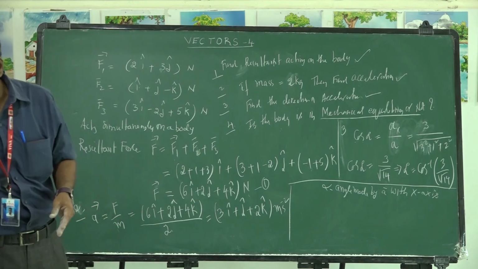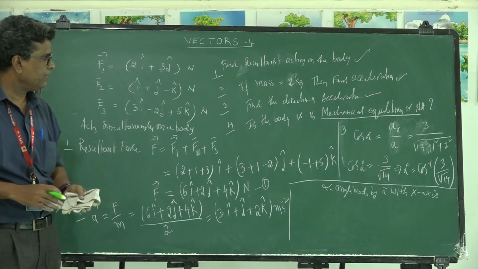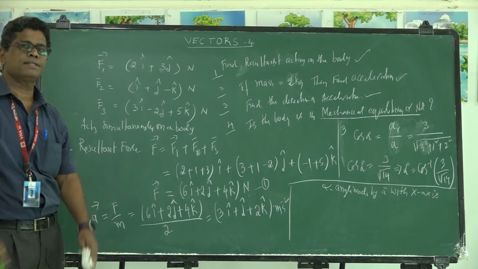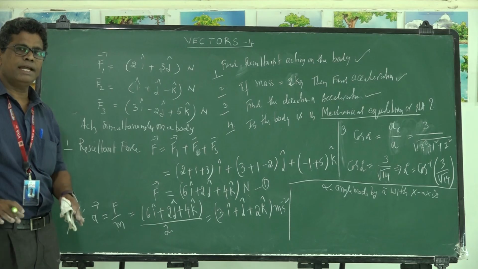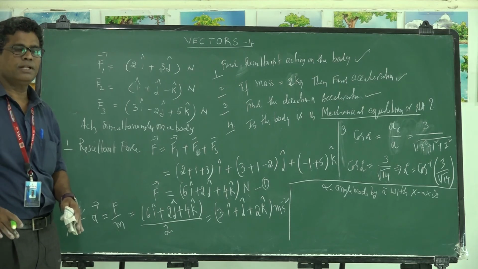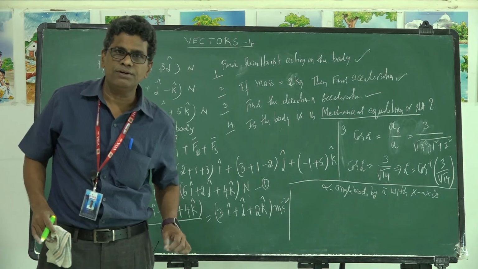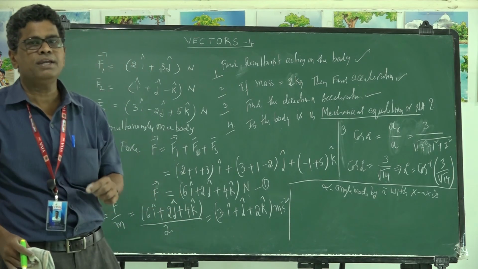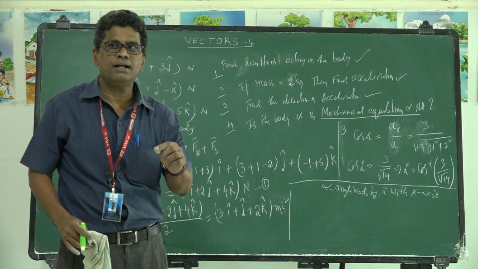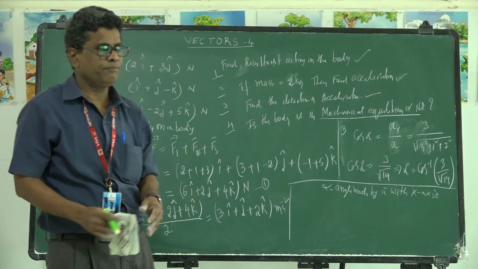If a number of forces act on a body simultaneously, and the body is at rest, that means it is in a static position, and the resultant force is zero, then the body is said to be under mechanical equilibrium.